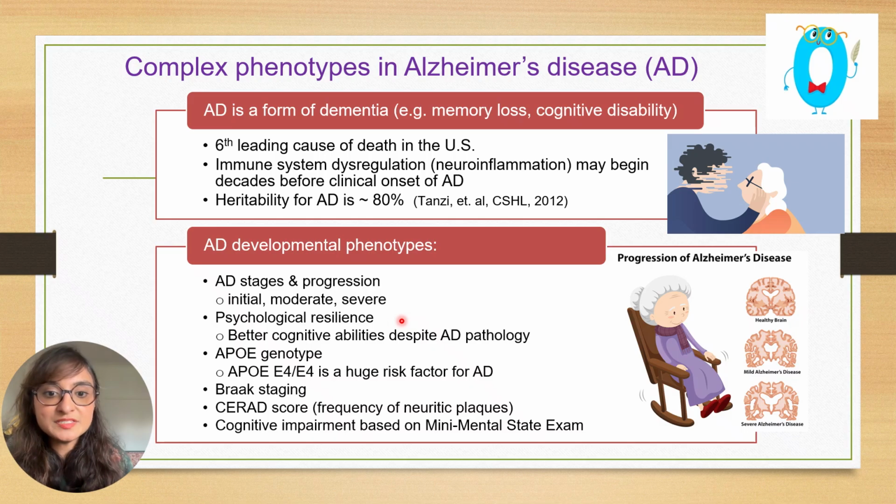There is also psychological resilience: even if you have Alzheimer's disease pathology and brain regions shrinking, you still have that cognitive resilience where you're not really showing signs of dementia.